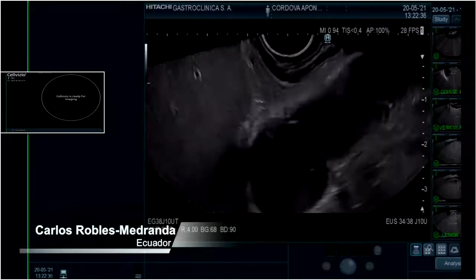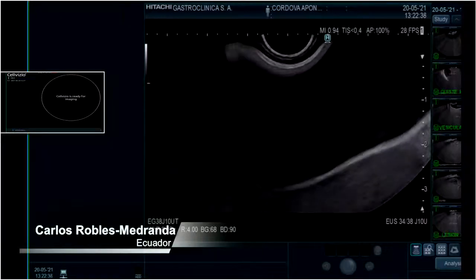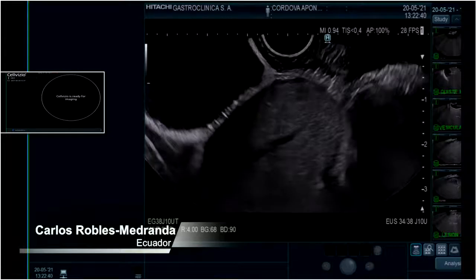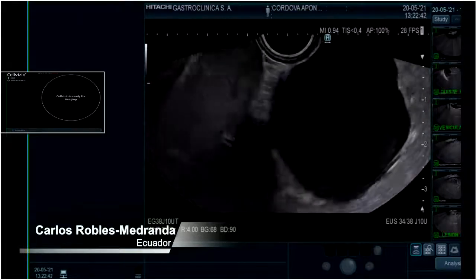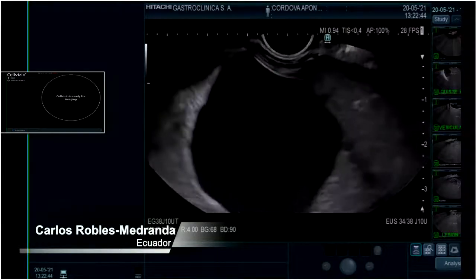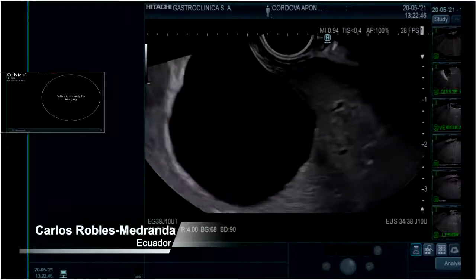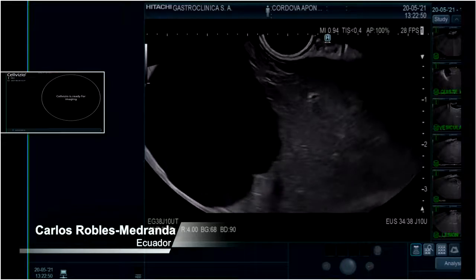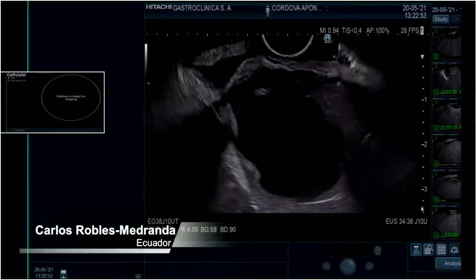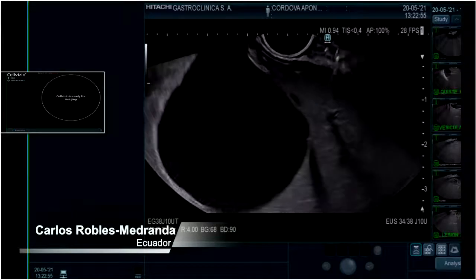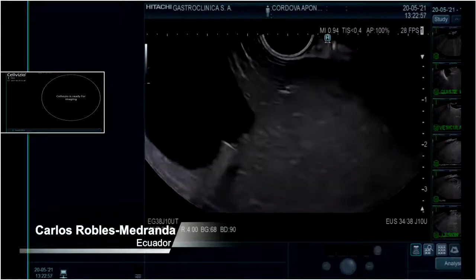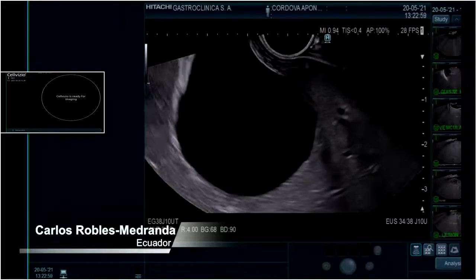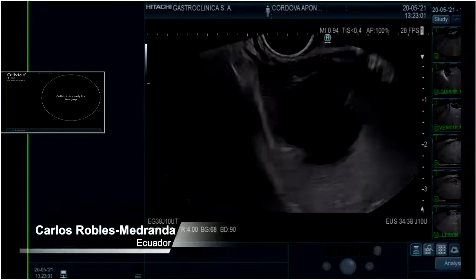So she went to the hospital because she had pain. So now, I see also here a cyst.